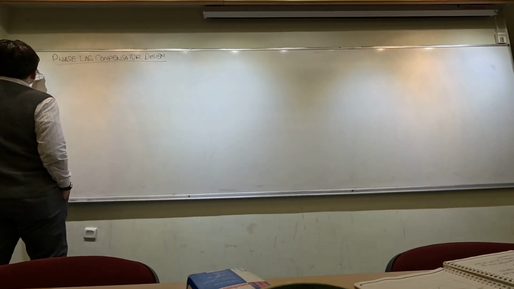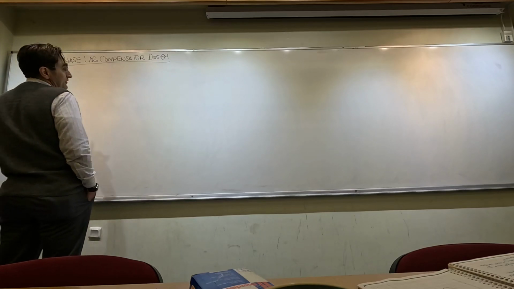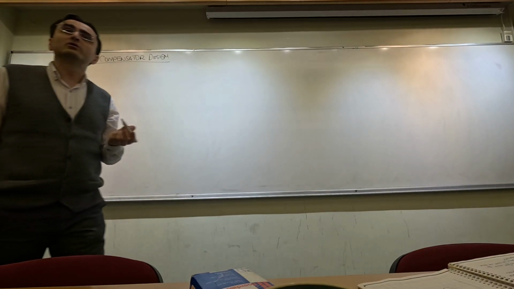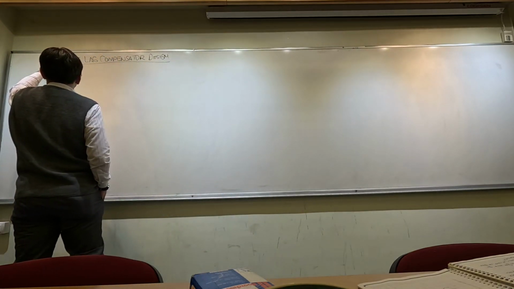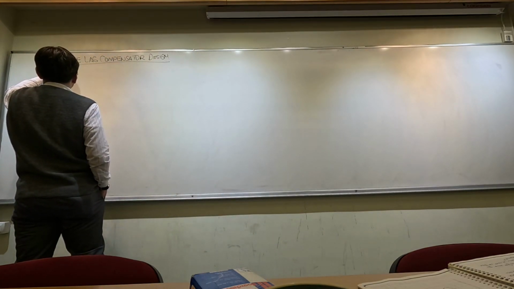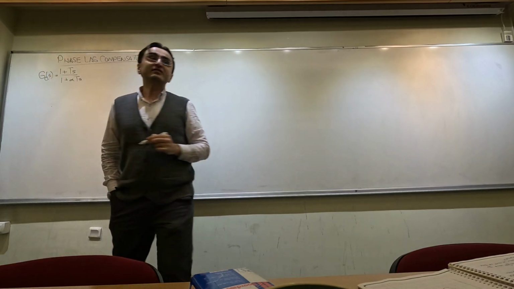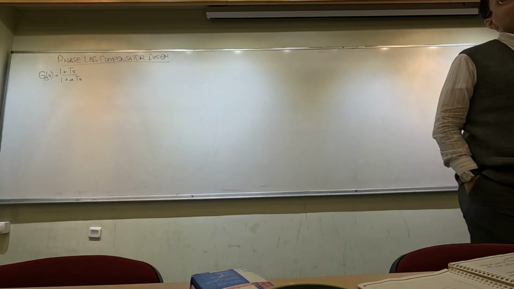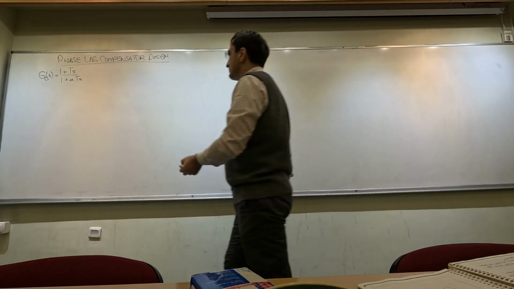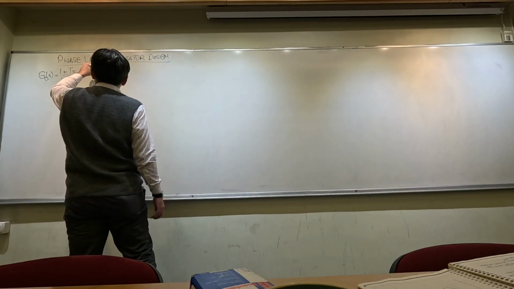Here we have GC of s, a compensator or controller transfer function, which is (1 plus Ts) divided by (1 plus alpha Ts). In the phase lead compensator, alpha was between 0 and 1. In this phase lag compensator, it is going to be larger than 1.